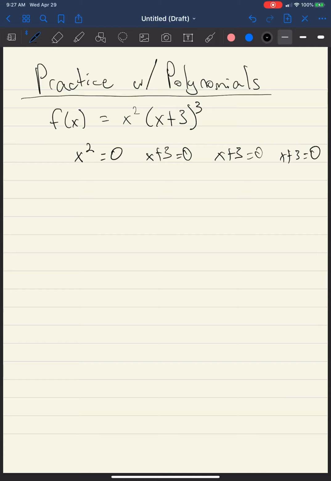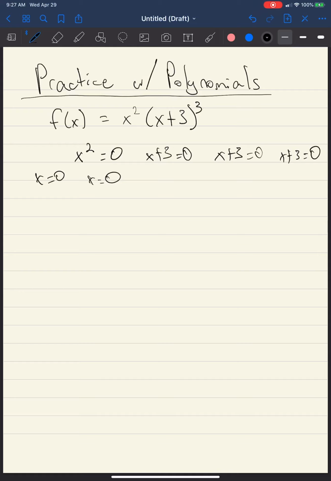Okay, so let's start with x squared equals 0. Really, x squared is just x times x, right? So I can have x equals 0 and x equals 0.